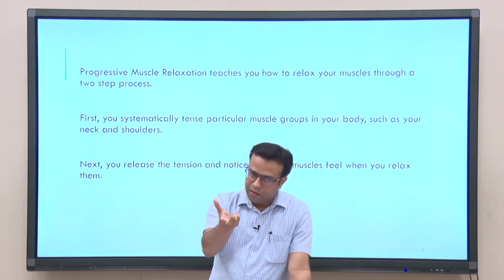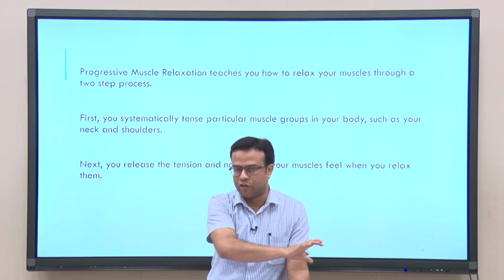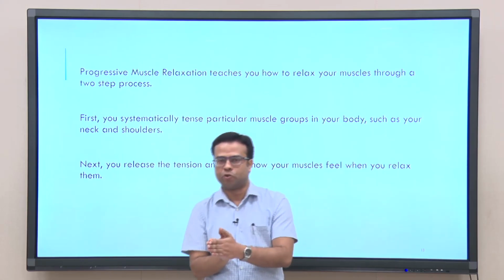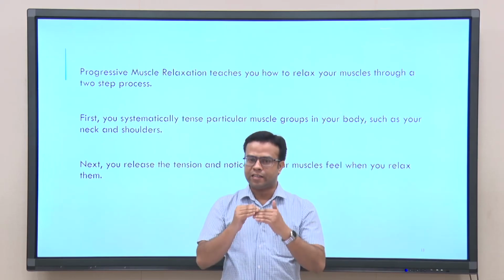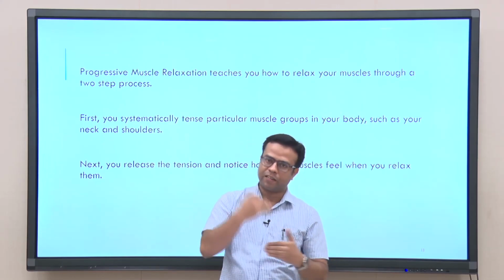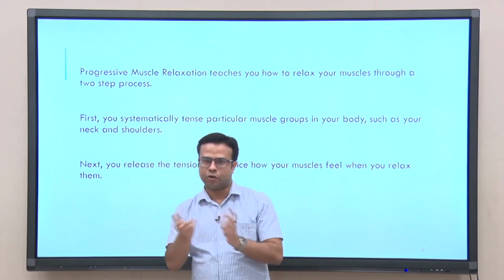So tensing the muscle, relaxing and releasing it, and feeling the relaxation. This is the whole idea of progressive muscle relaxation. So first is identifying different muscle groups of the body, tensing each muscle group, and then relaxing them, tensing them, relaxing them. So what is this idea of tensing and relaxing, how does it work?